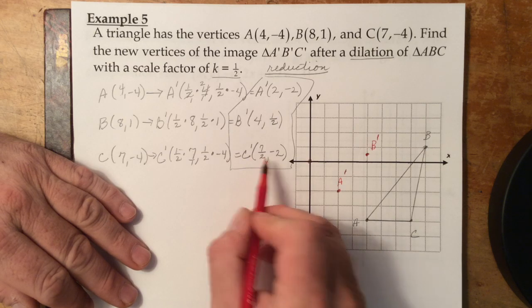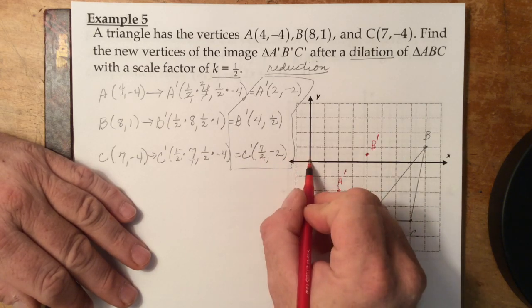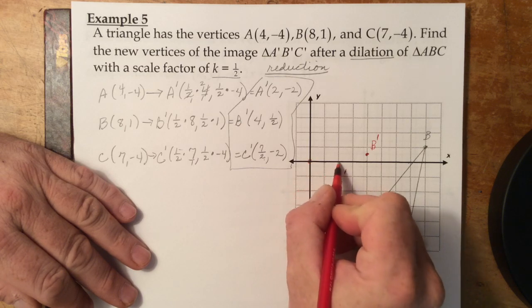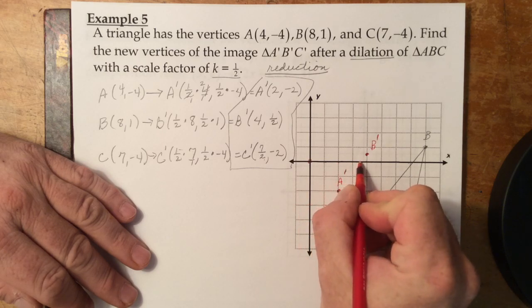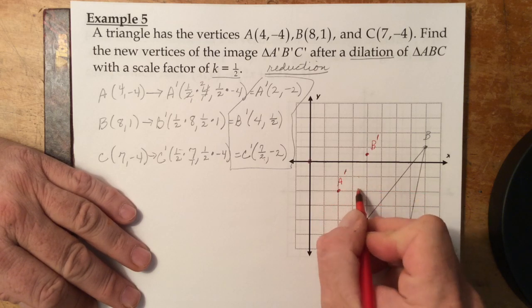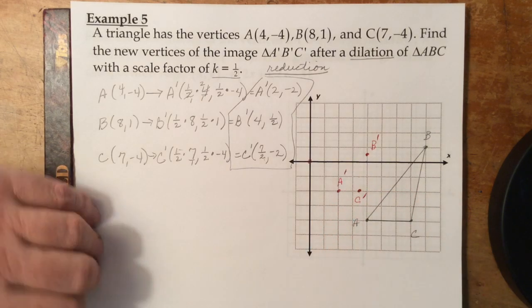And then C prime is 7/2, -2. Well, 7/2 means I take each full unit, cut it up into 2 equal parts, and go 7 of them. To the right, 1/2, 2/2, 3/2, 4/2, 5/2, 6/2, 7/2, and then down 2 full units. 1, 2. So there's C prime.